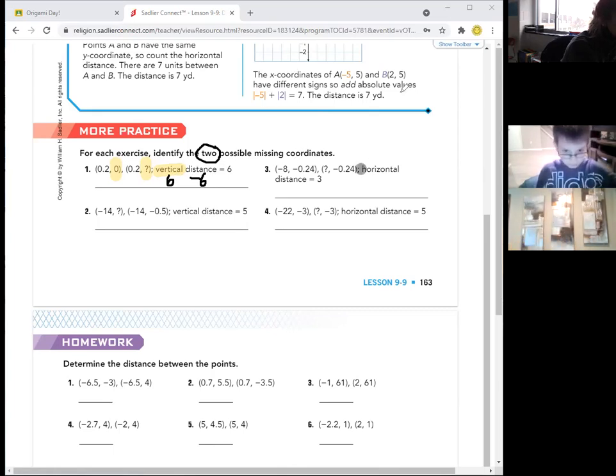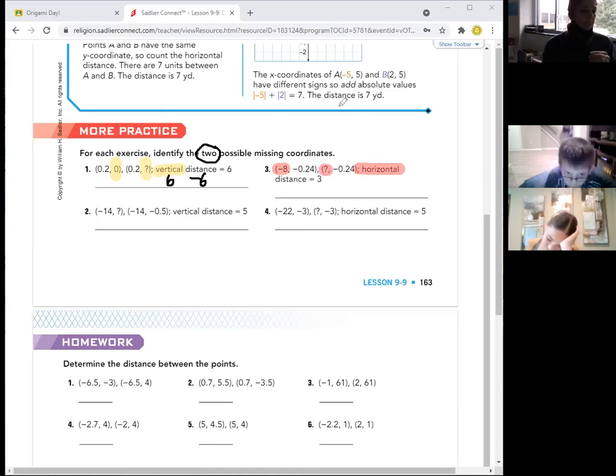This time we're considering horizontal distance. So what axis pertains to horizontal distance? The x-axis. So highlight or circle or take a look at only the x values. Now since we're moving horizontally, think of sitting on -8 and moving either to the right or to the left 3 units.